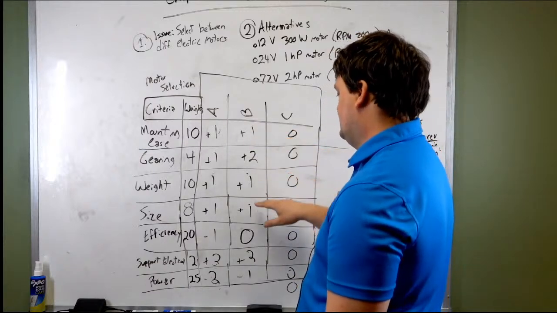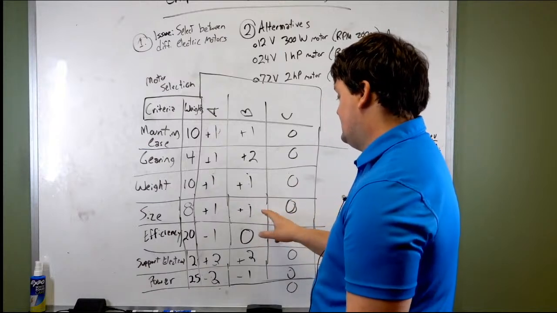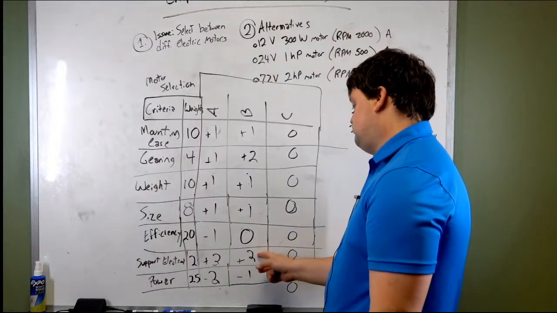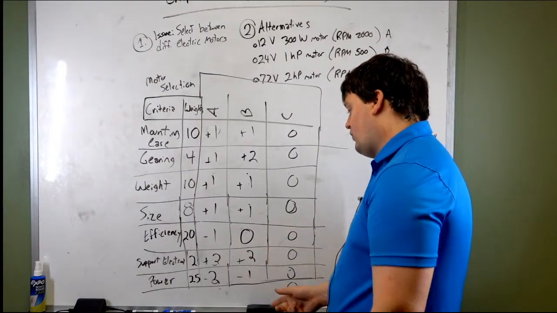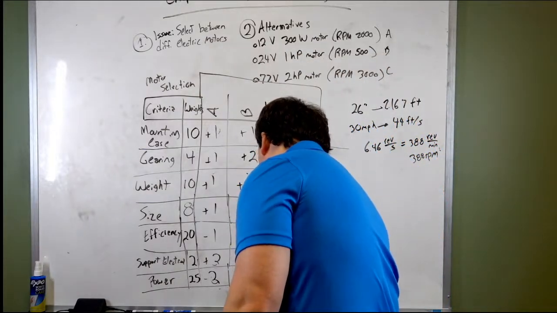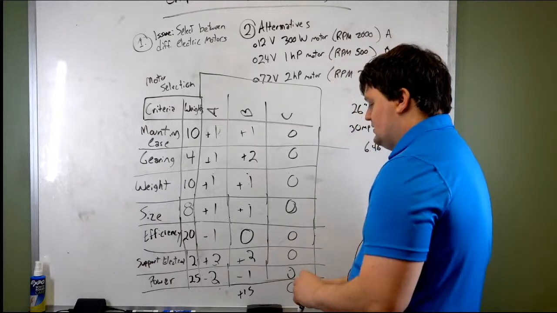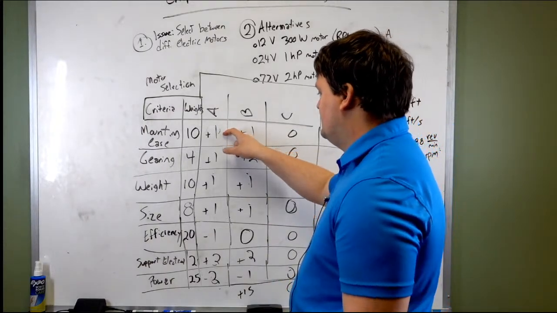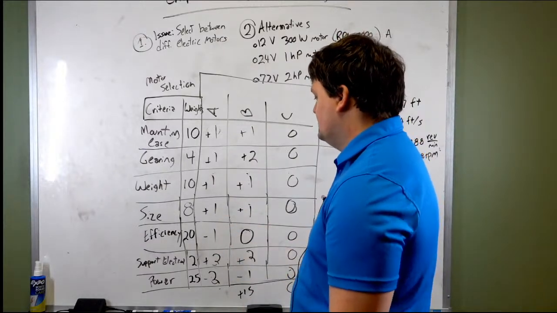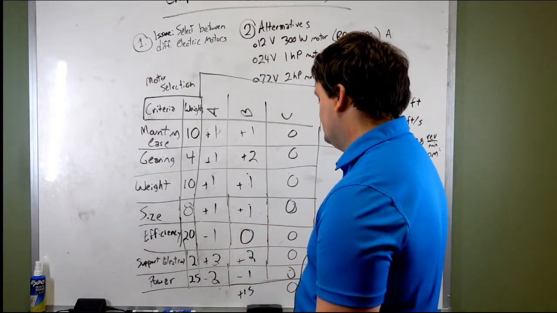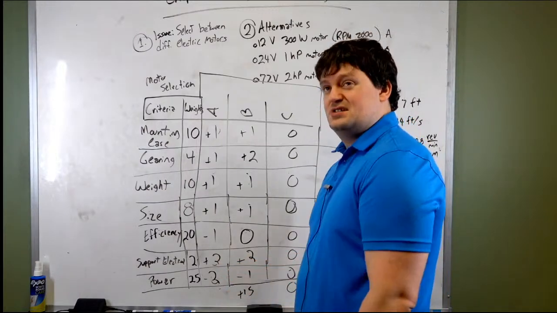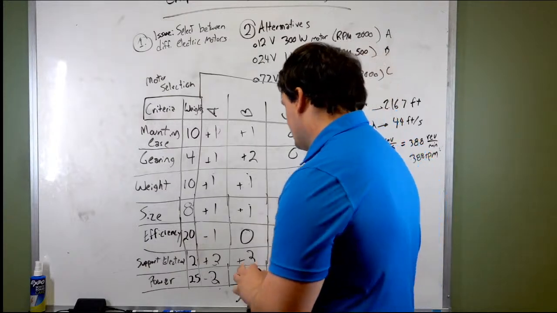It's 28. 36. 40. This is a positive 15. Okay, and then you got 10, 14, 24, 32, 12, 12, 16, 16 minus 50, negative 34.